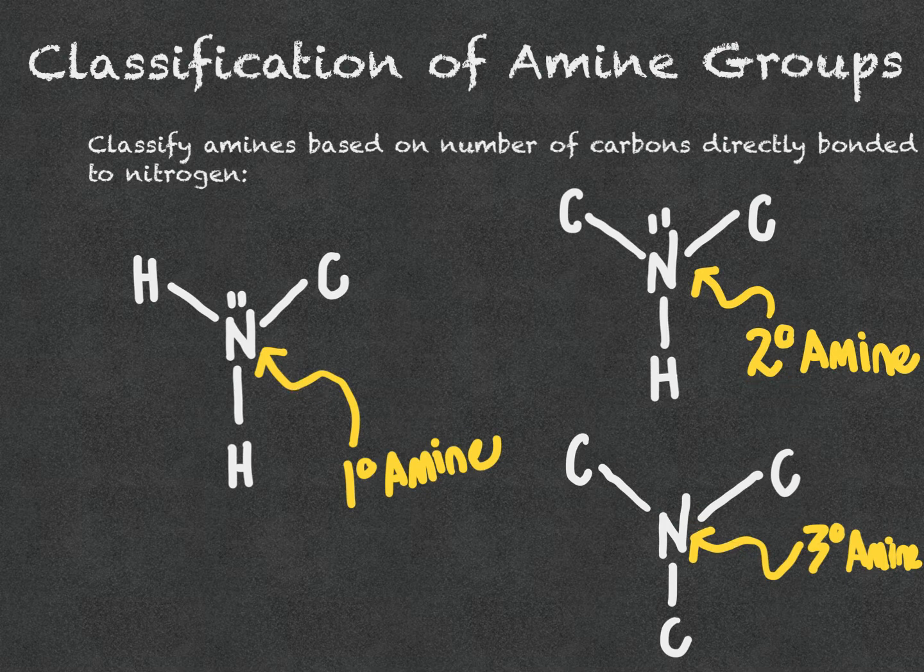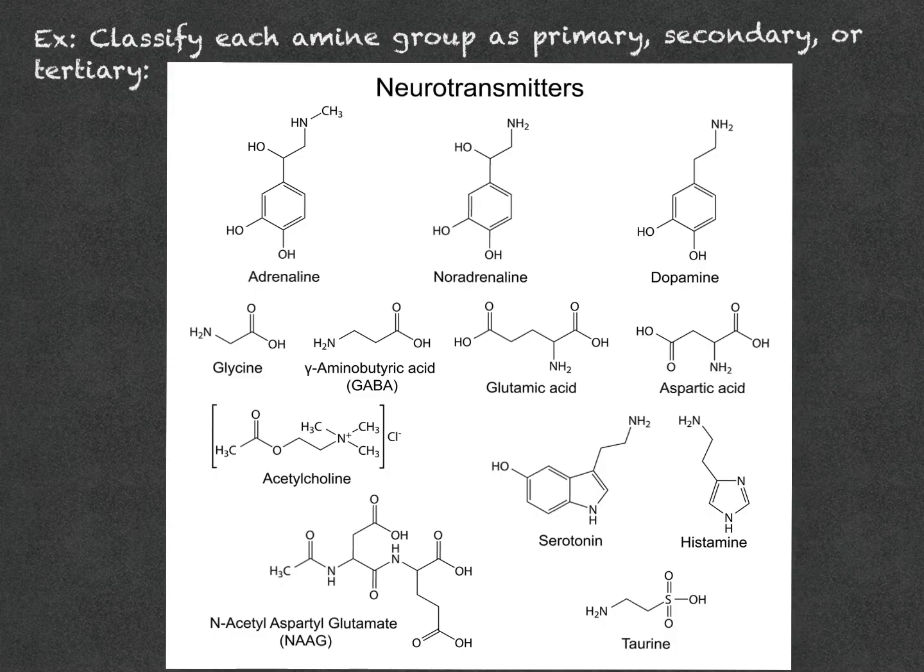And so it's important to be able to recognize and distinguish between these 3 types of different amine groups. Let's go ahead and get some practice at both classifying functional groups as amines versus amides, and classifying amines as primary, secondary, or tertiary.